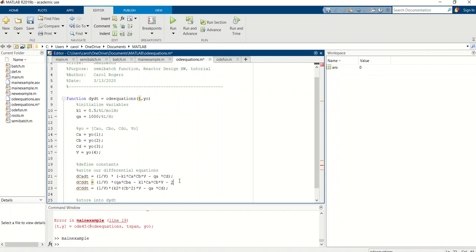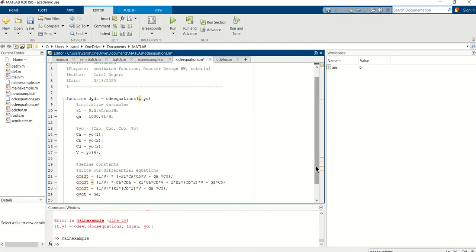That's a convention a lot of people follow too. Times 2 times k2 cb squared times b minus times cb. Okay. And then our last equation is dv dt equals qa.